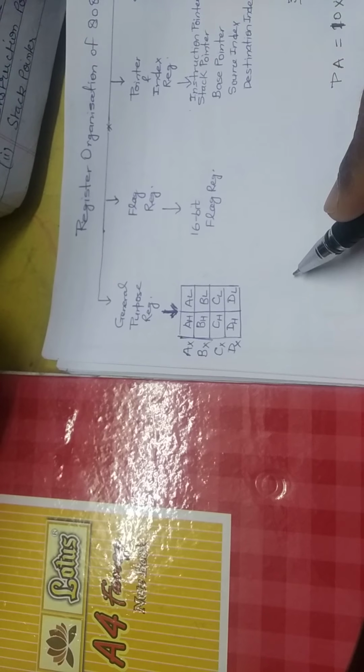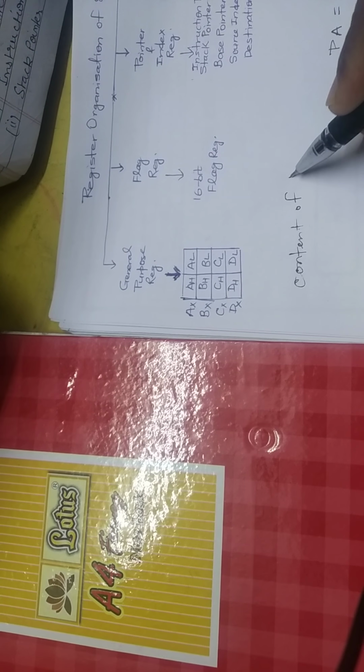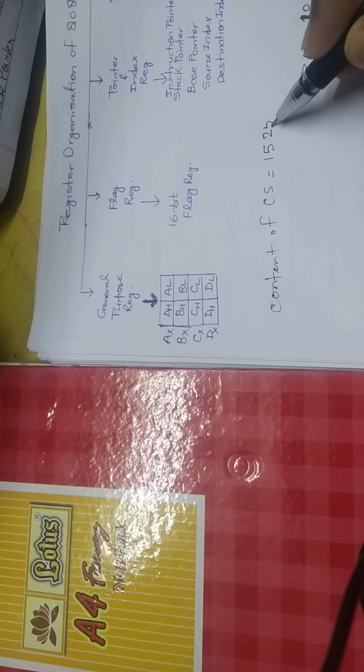Suppose that the content of CS is equal to 1525H. That is a 16-bit number.